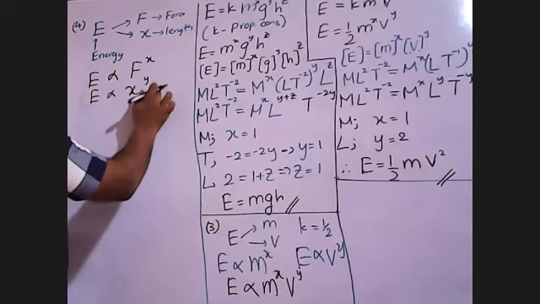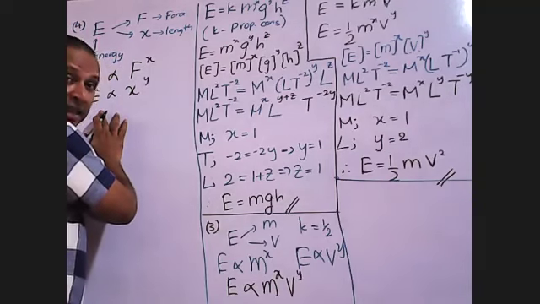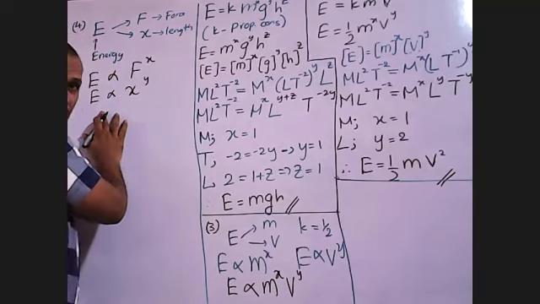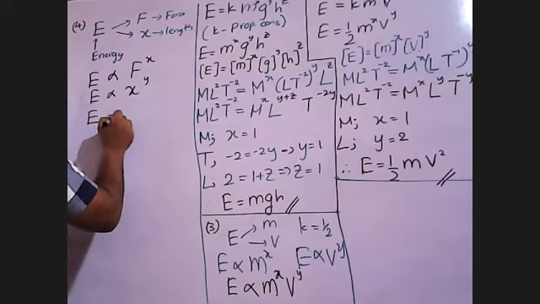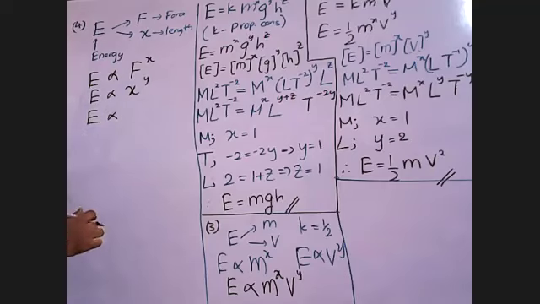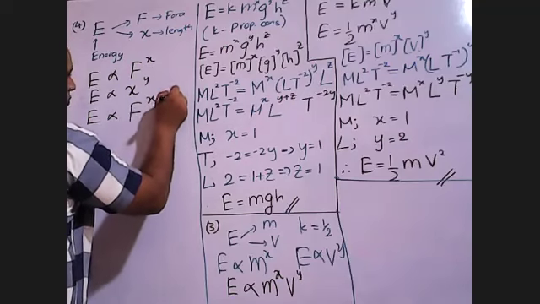Now those two are separately directly proportional to E. Then I can combine these two proportionalities. So the next step is to combine these two relationships. That means E is directly proportional to the product of these two: F to the power x, X to the power y.